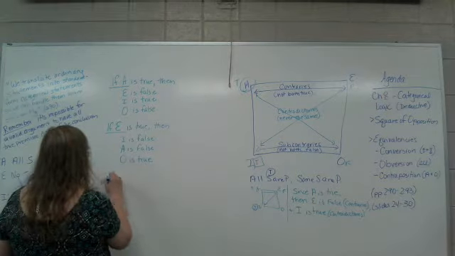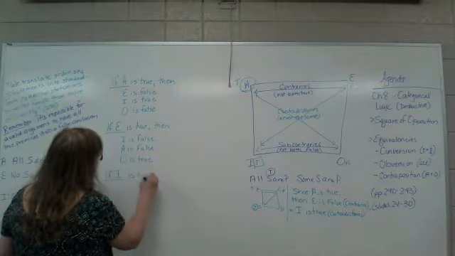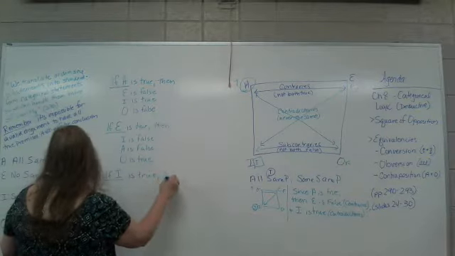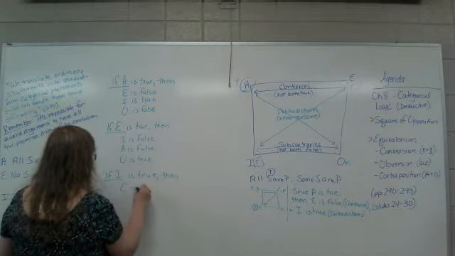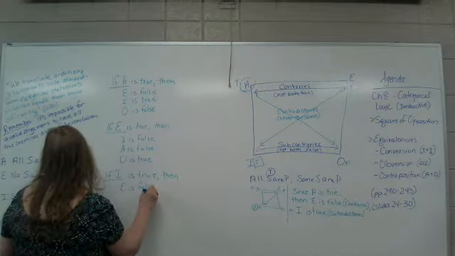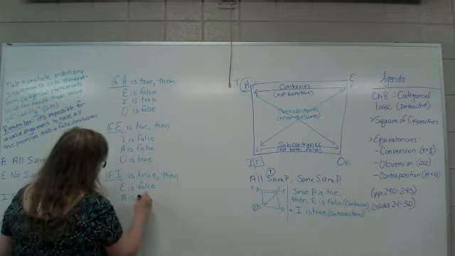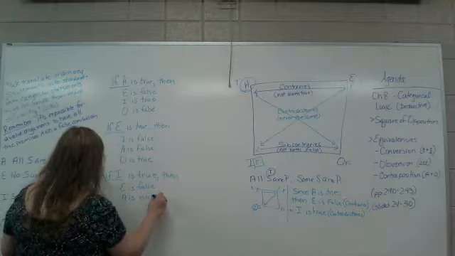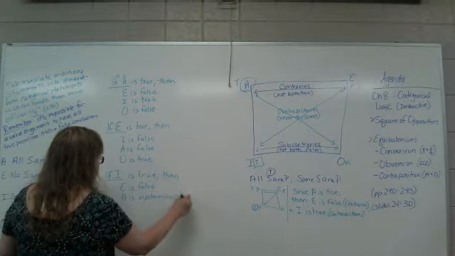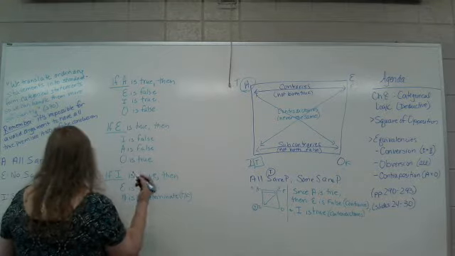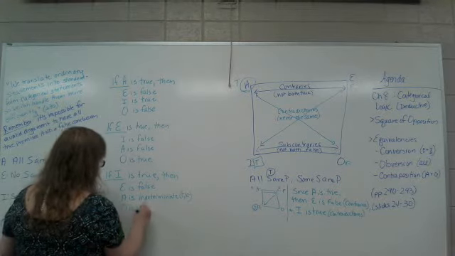So if I is true, then E is false. That's easy. A is what we call indeterminate, or you can just go true or false. And since A is indeterminate, then O is also indeterminate.